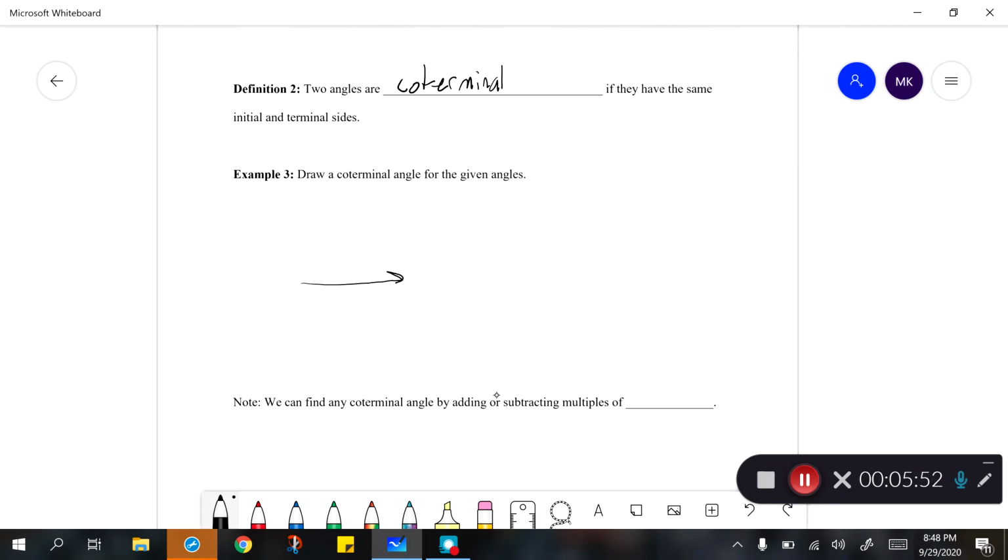So what if I have, so my side here, and we'll give ourselves a nice x-axis. So what if I have like this angle here? All the way around. So that is one angle. Well, this is another angle. They have the same initial side and the same terminal side, but they're different measures. One of those is positive, one's negative. So those are coterminal angles.